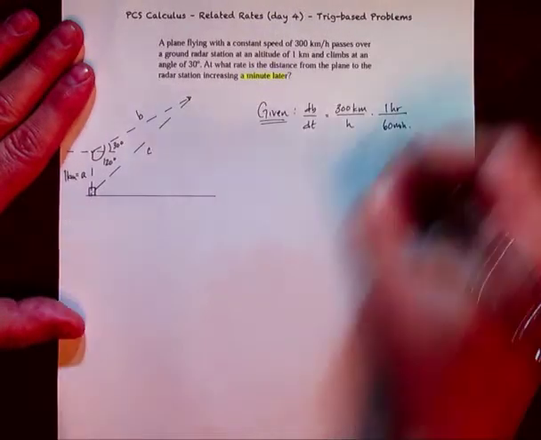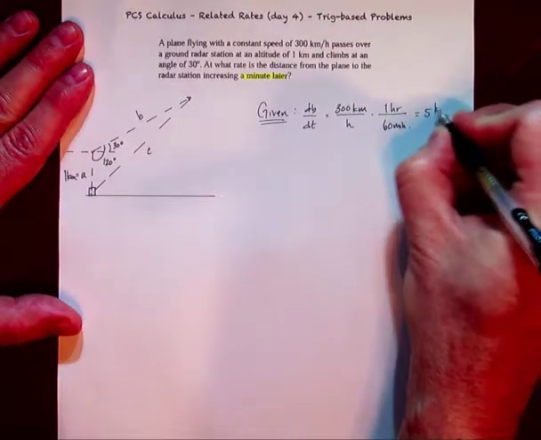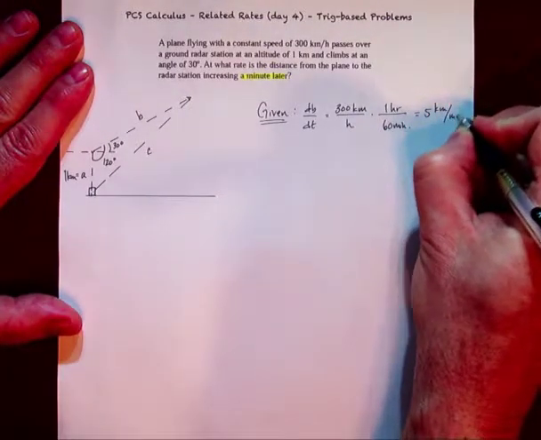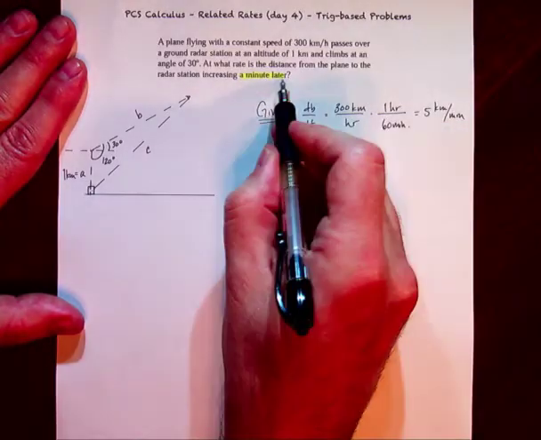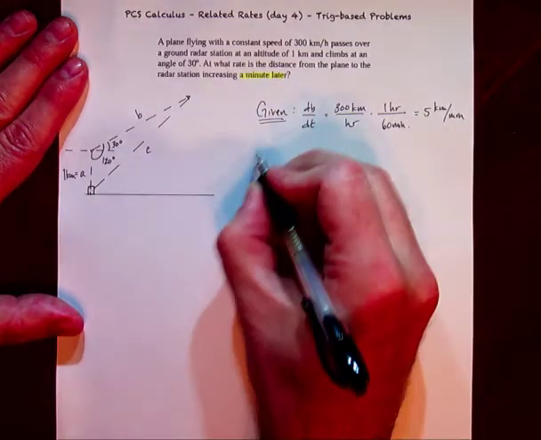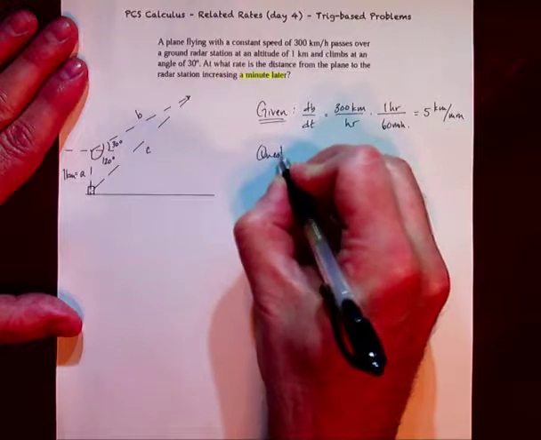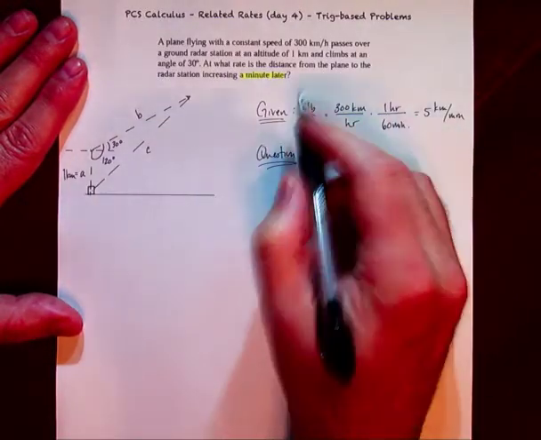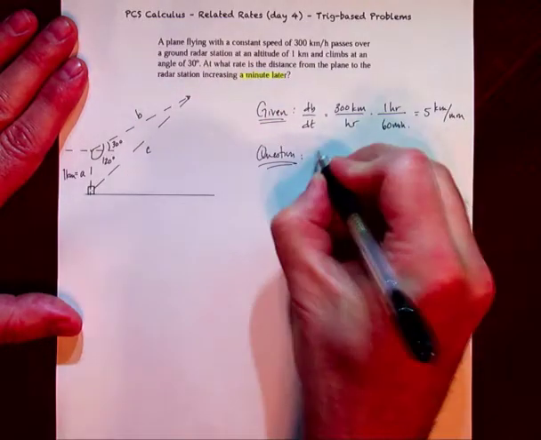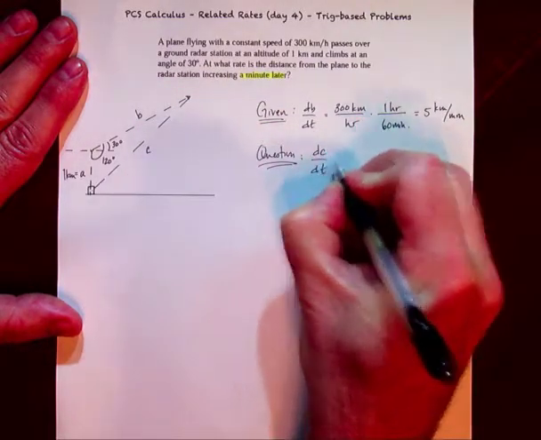And it winds up being 5 kilometers per minute. Sorry, per hour. I needed to do that because it's talking about 1 minute later. So the question is the distance between the plane and the radar station. That is, at what rate is C increasing?